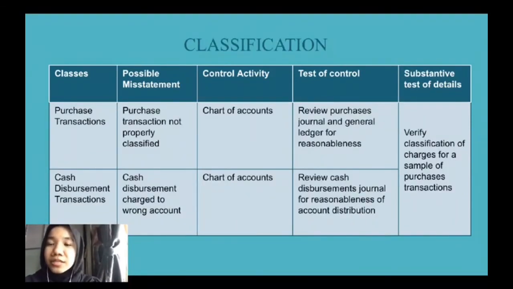And last but not least is classification. The purchase transaction is not properly classified, so with the chart of accounts, review the purchase journal and general ledger for reasonableness. The cash disbursement is charged to the wrong account too, so with the chart of accounts, review the cash disbursement journal for reasonableness of the distribution.